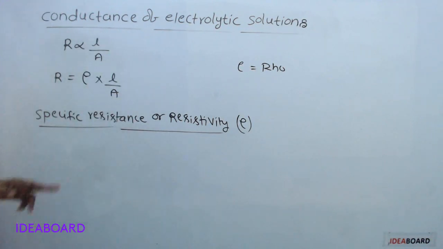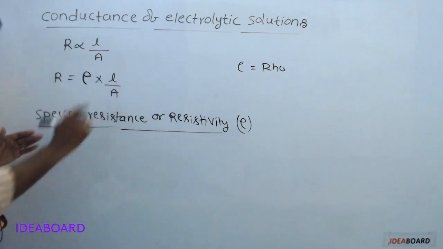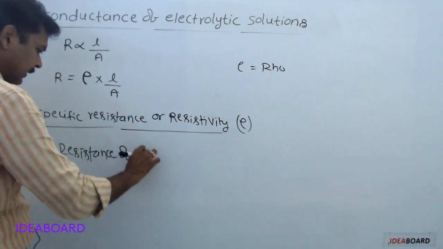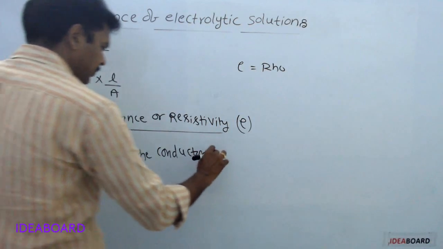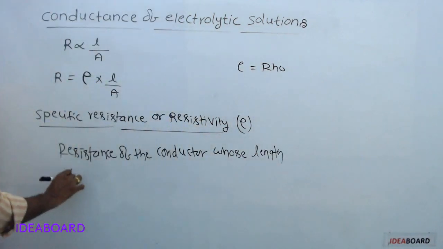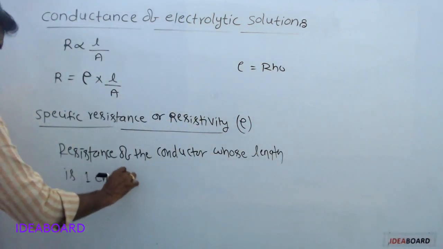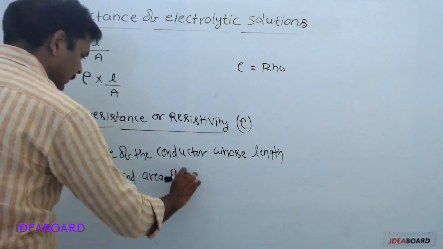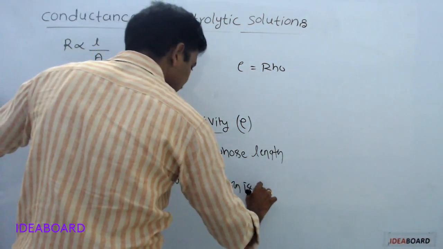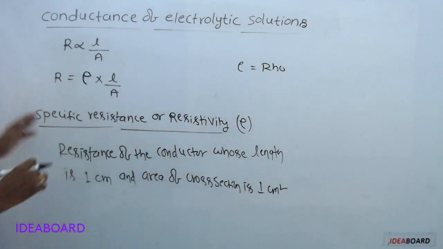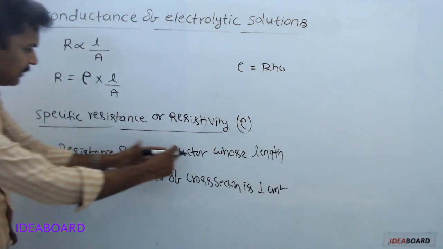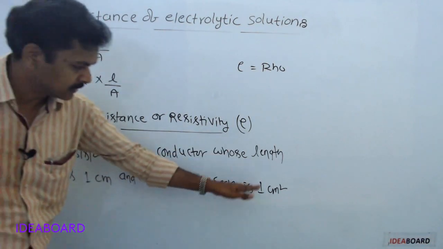So specific resistance is nothing but the resistance of the conductor whose length is 1 centimeter and area of cross section is 1 centimeter square.